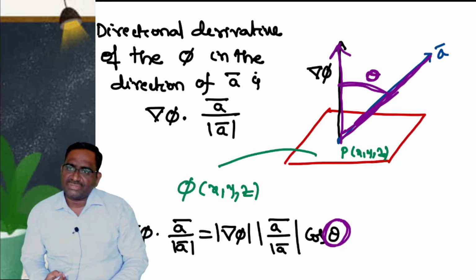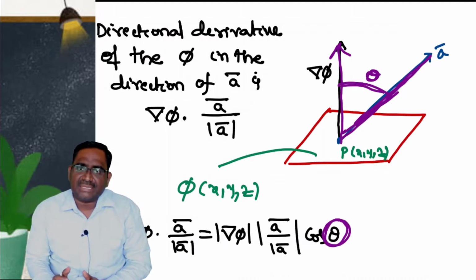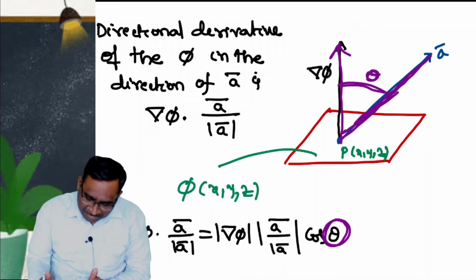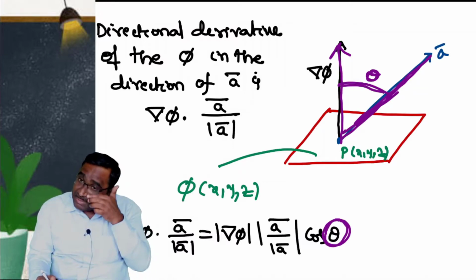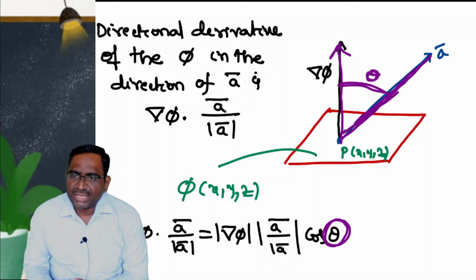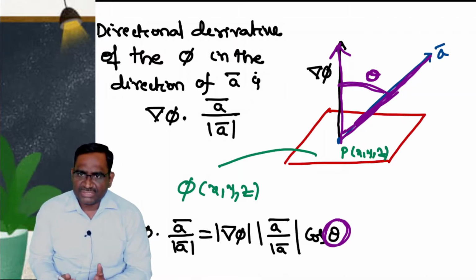Now see this one. The directional derivative is maximum when cos theta is maximum. When theta becomes 90, cos 90 becomes 1, which is the maximum value.